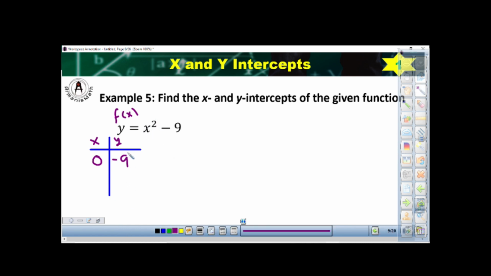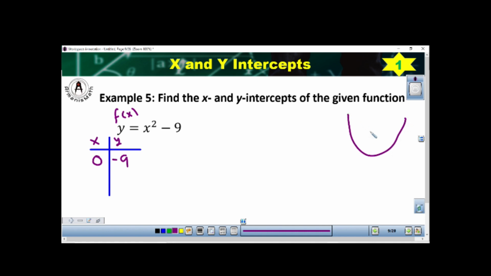So basically, if I'm looking at this again, the parent function is a happy parabola, like this, with its vertex at 0, 0. That's the parent, okay? Not the child. The child will have some shifting, which we talked about at least 4 times by now.